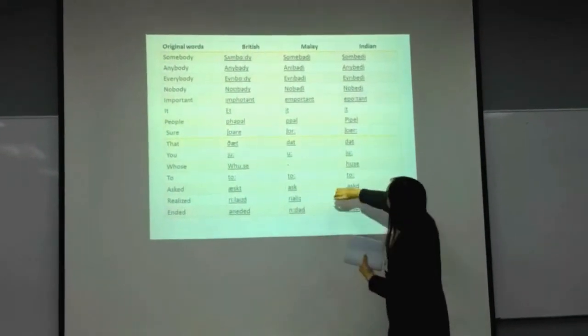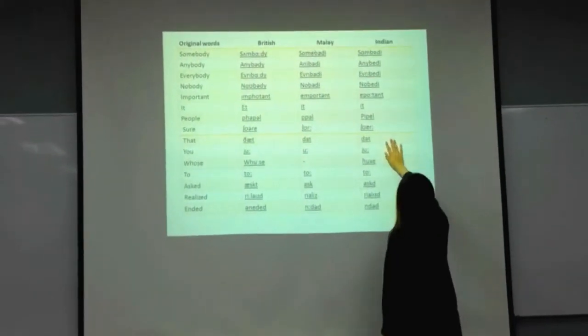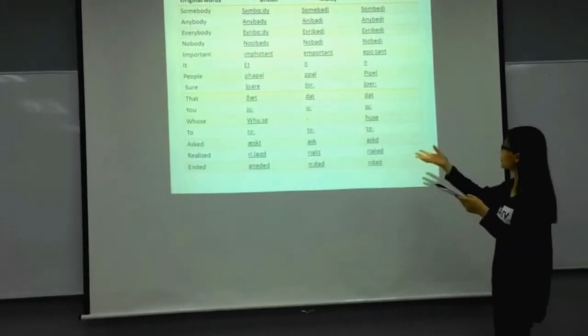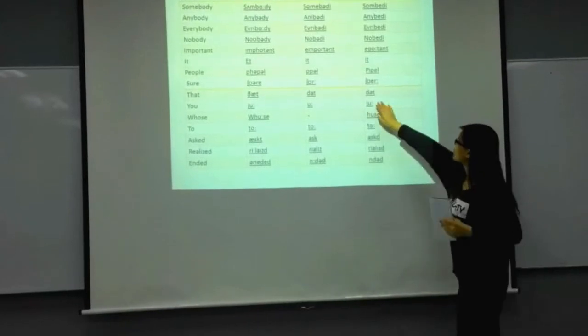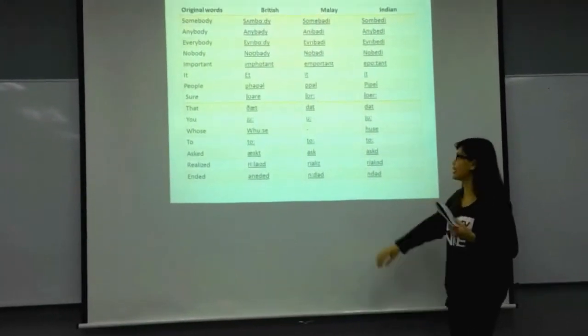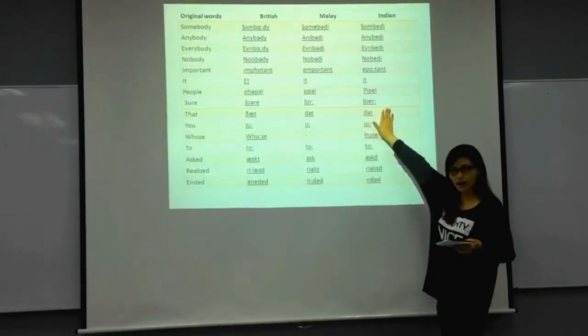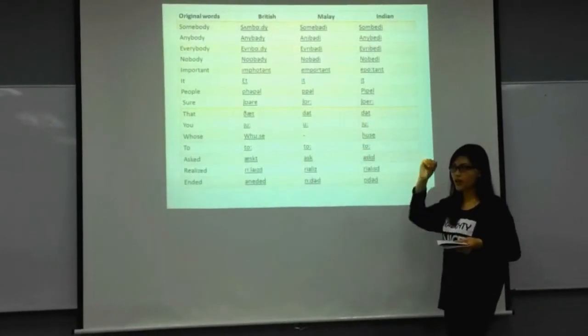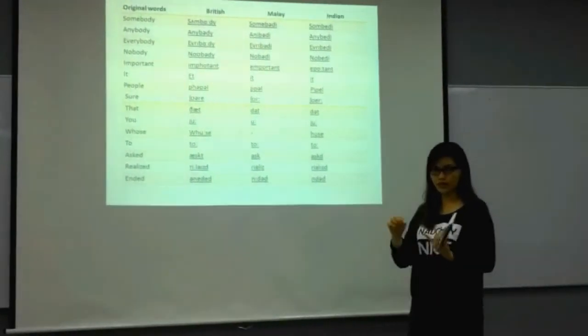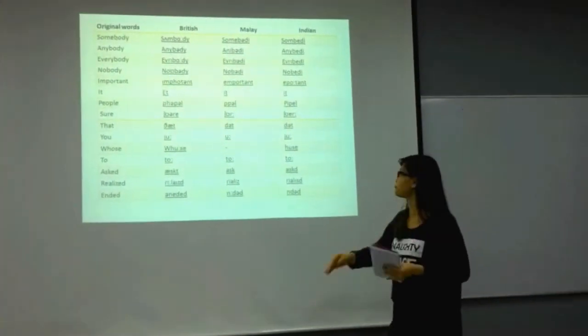So the next one is the Indian. The way he pronounces the word "sure" is like SHUER. "Nobody will sure." So he will stress on the word SHU, like "sure".